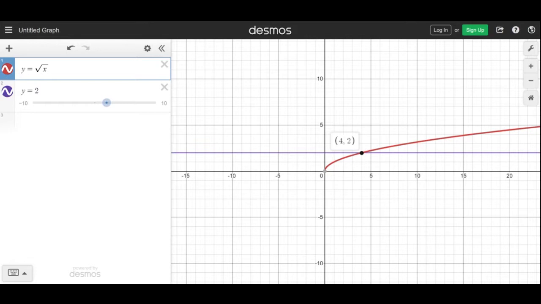Just graph the equation or the function and then draw a horizontal line, and you will know if it is one-to-one or not. Same thing as when you drew the vertical line before to test whether it is a function or not. If you have one intersection for the vertical line, it's a function. Here, when you draw the horizontal line and have one intersection, then that is one-to-one.